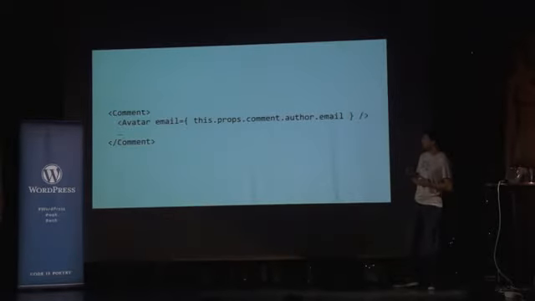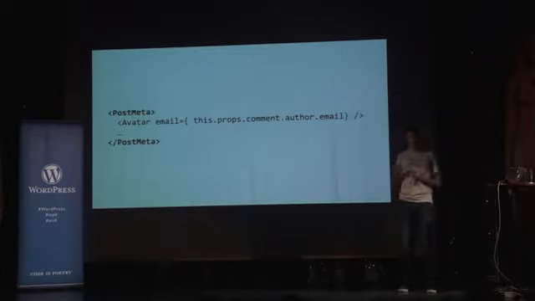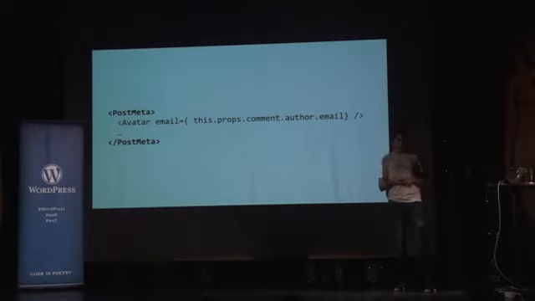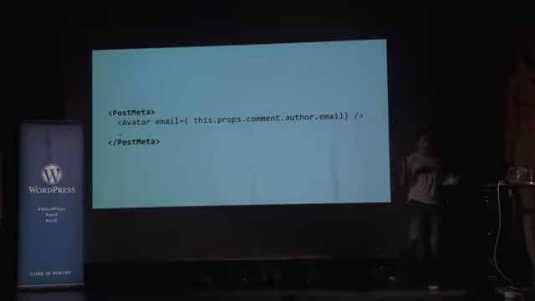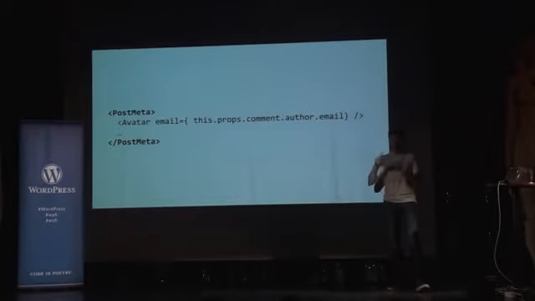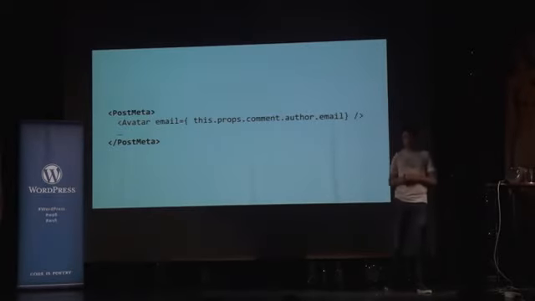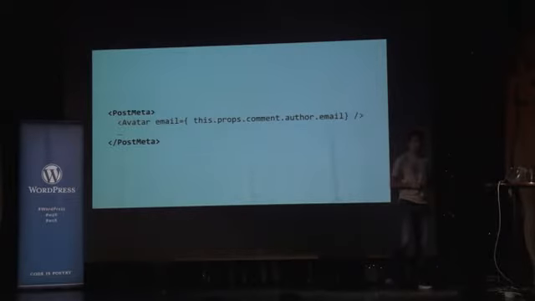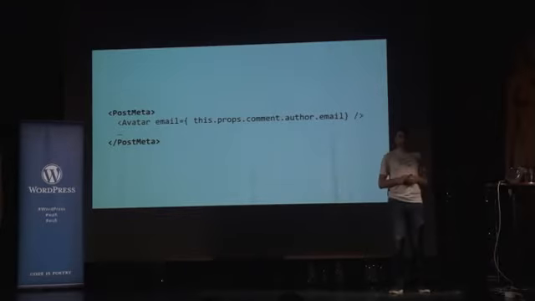Let's say we can have it in the comments, we can have it in the post meta to use the author email. And we don't have to write the whole boilerplate with MD5 of the email, where we always forget to convert the email to lowercase, and sometimes it doesn't work.